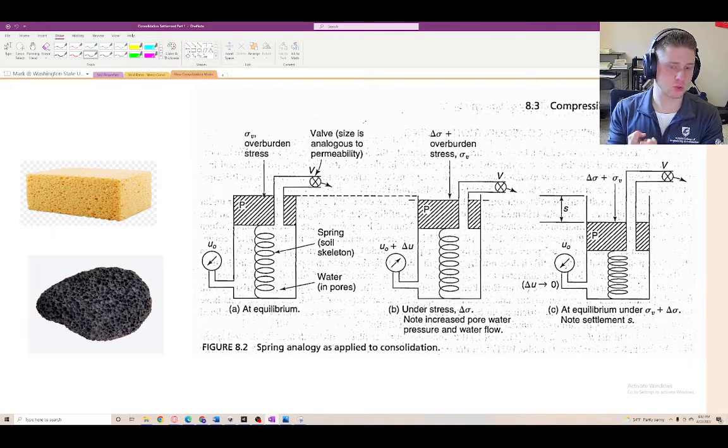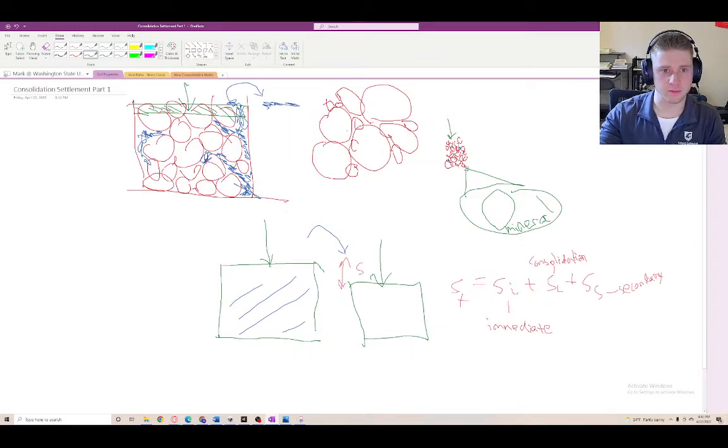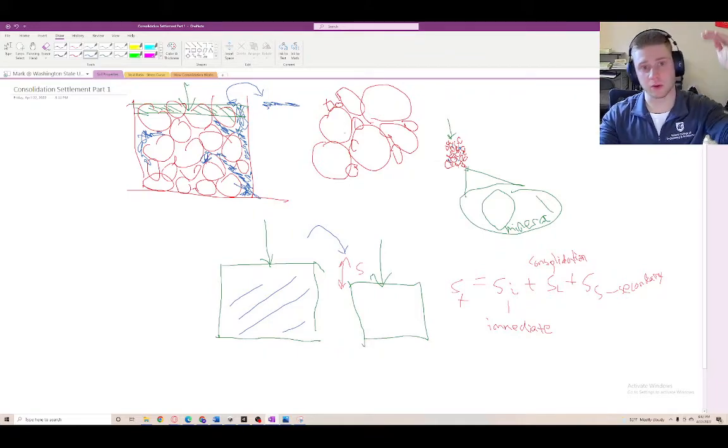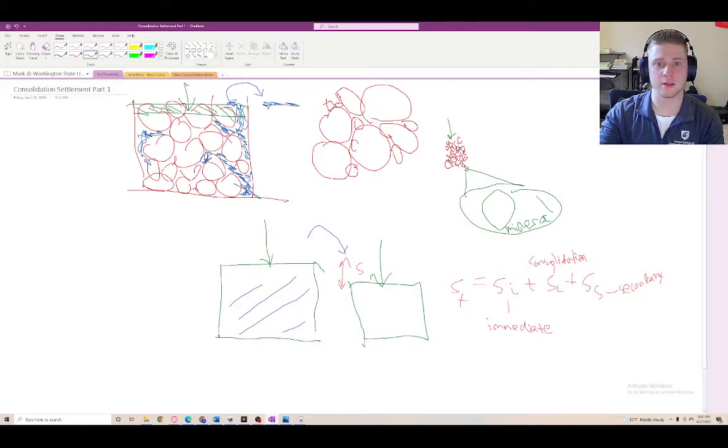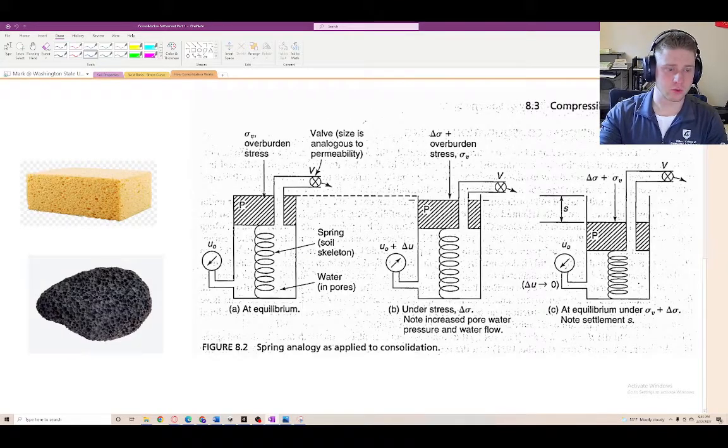The strain on the soil, which is how much it deforms, is also proportional to how much voids escape the soil, and also time, because it takes time for the particles to rearrange. If you put a load on them, they're going to rearrange. It's going to take more time for clay, the fine particles, to rearrange. So it's dependent on time.